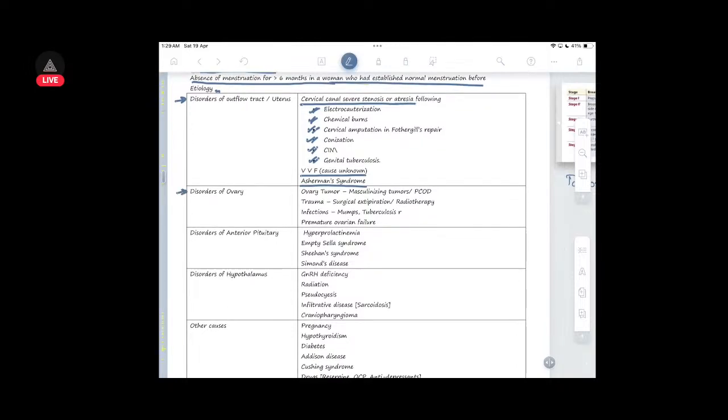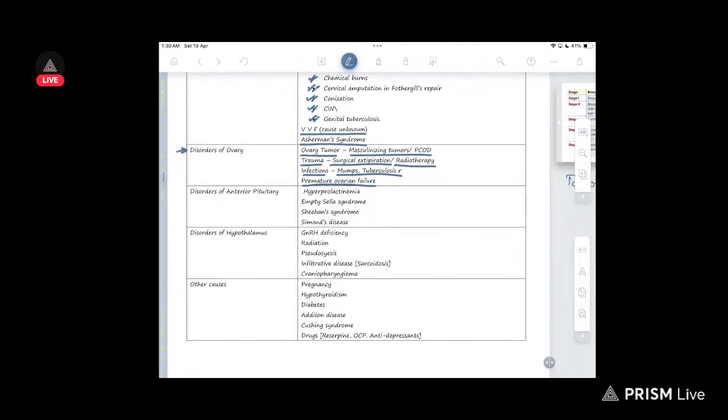Then you have disorders of the ovary: virilizing tumor or PCOD, trauma, surgical extirpation or radiotherapy, infections like mumps and tuberculosis, and premature ovarian failure may be seen. Disorders of the anterior pituitary: hyperprolactinemia, empty sella syndrome, Sheehan syndrome, Simmonds disease.